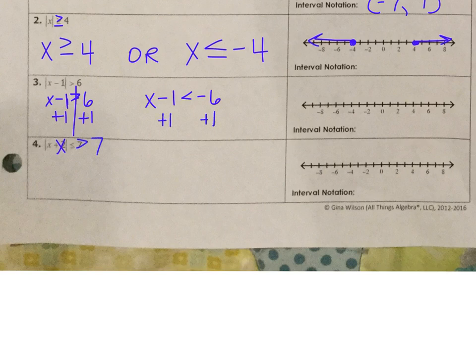Add 1 over here, and I get X is less than negative 5. All right, so we're going to graph it, and it'll turn out to be an or. Our interval notation would be negative infinity, negative 5, parentheses, or, parentheses, 7 infinity, parentheses.